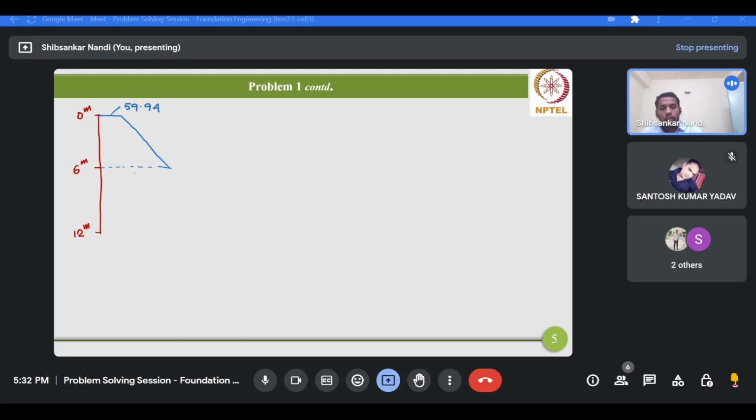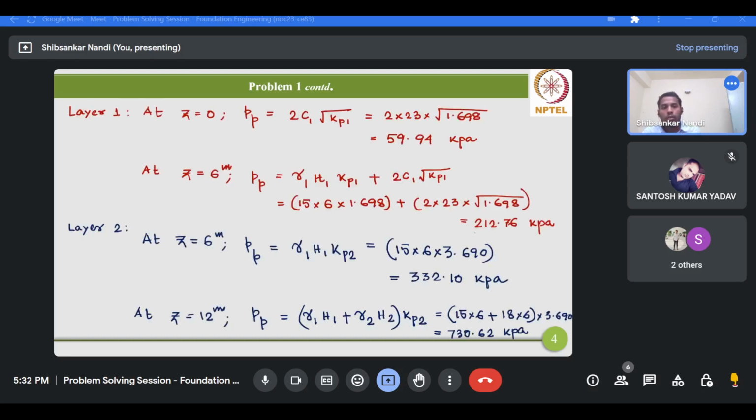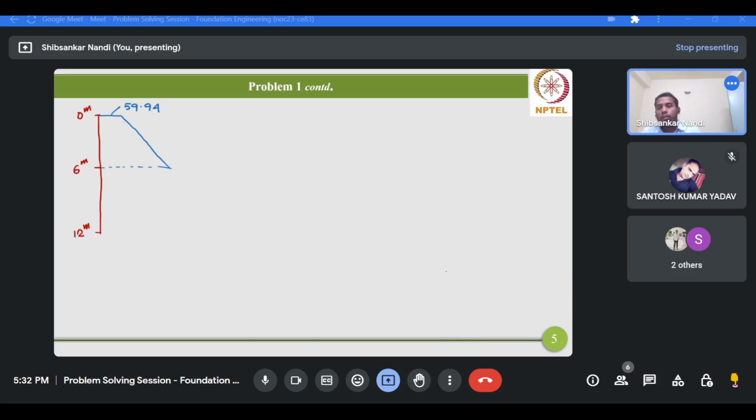So at the interface we will be having two different values: 212.76 and 332.10. So one from the first layer and another one from the second layer. So the upper value will be 212.76. Then we'll start from a greater value.